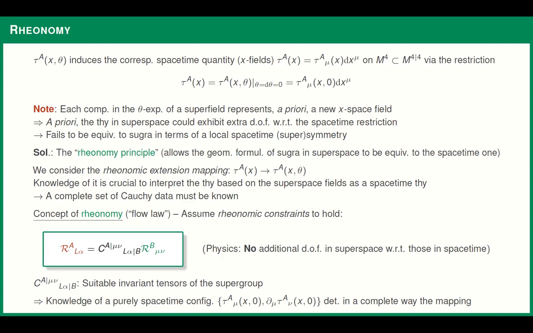So instead of curvatures that are just RAB and RA, the definitions are RAB defined in terms of omega AB and RA defined by D of the vielbein.